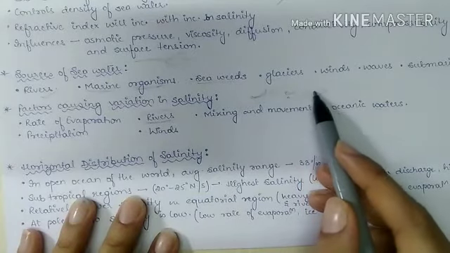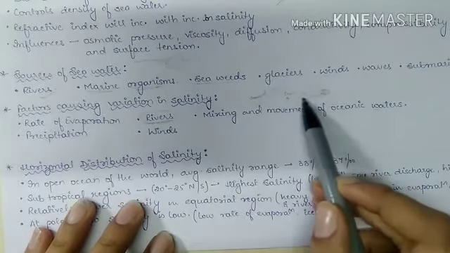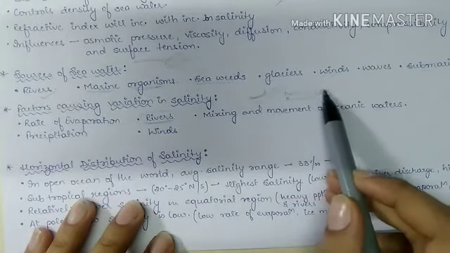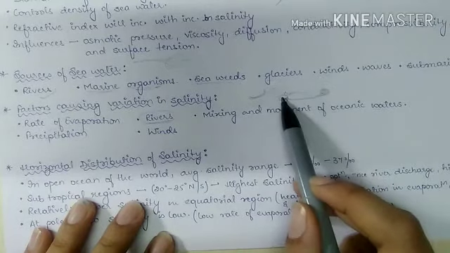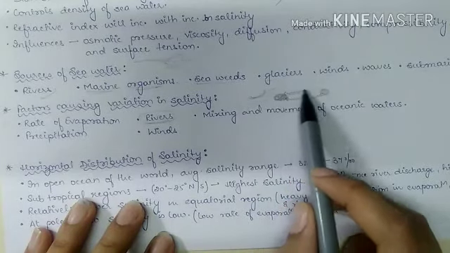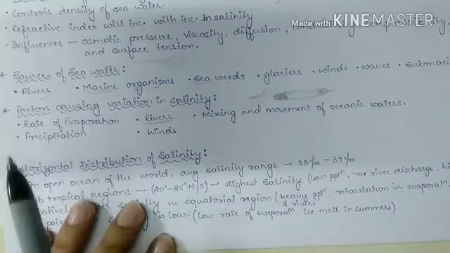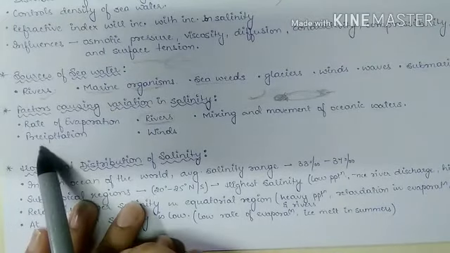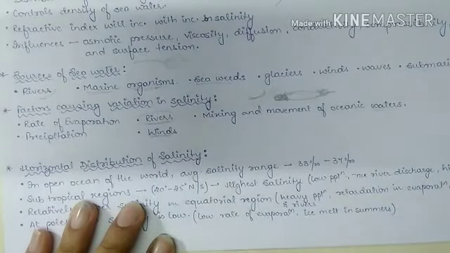This water mixes, and when water from an area of high salinity mixes with the water of an area of low salinity, the salinity of the low saline area will increase, and if the vice versa happens, the salinity will decrease. Next we have supply of fresh water through precipitation. Lastly we have winds. So these are the causes of variation in salinity.